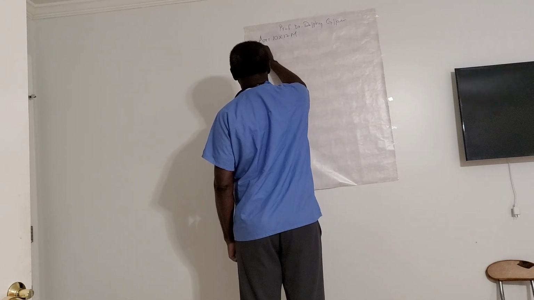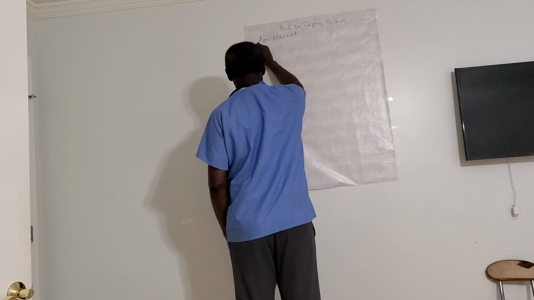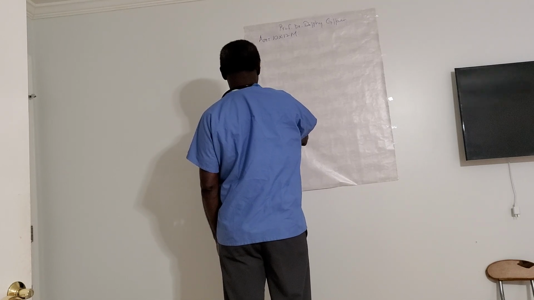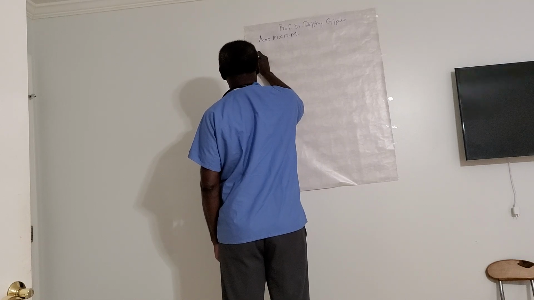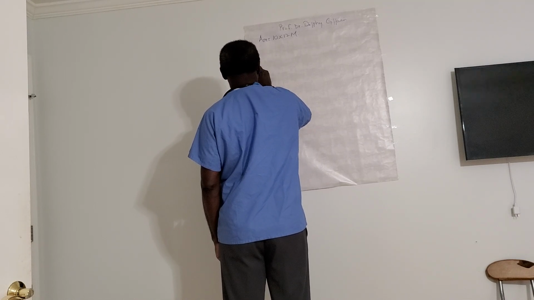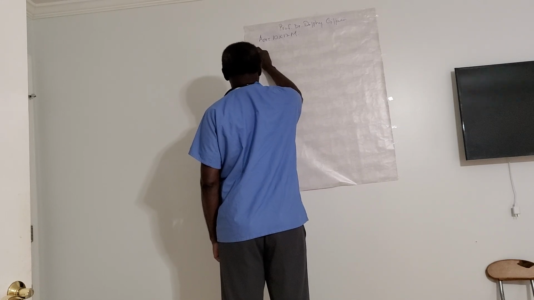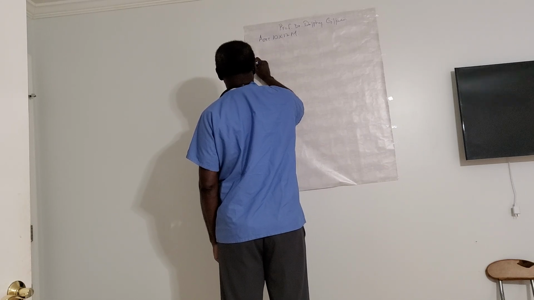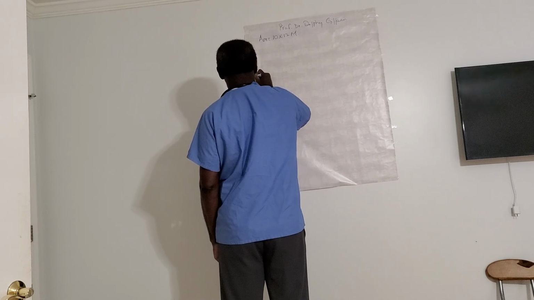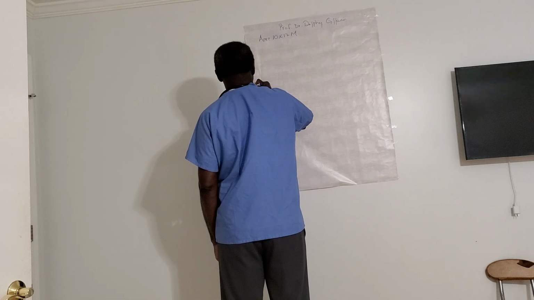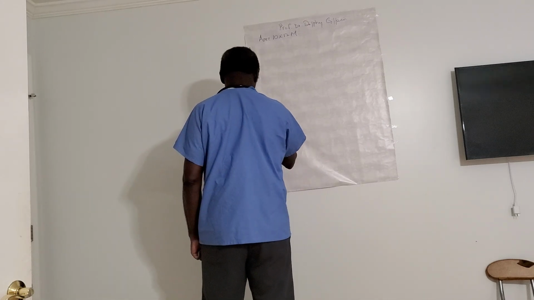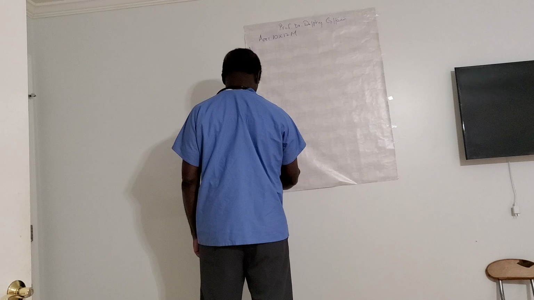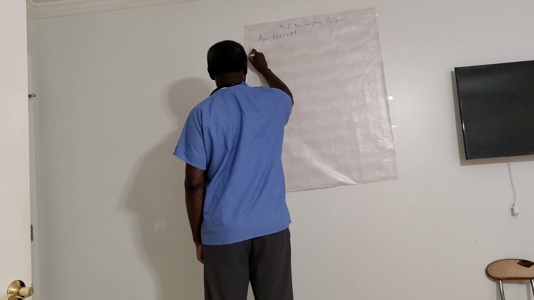Let's try to get a sort of uniform interval here. 1, 2, 3, 4, 5, 6, 7, 8, 9, 10. So you have an approximate interval here, and this will be 1.